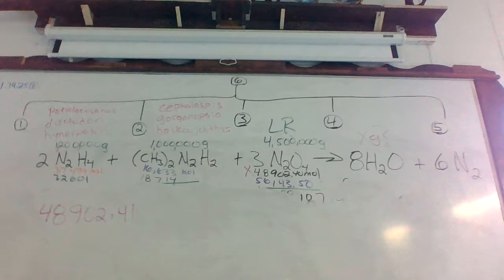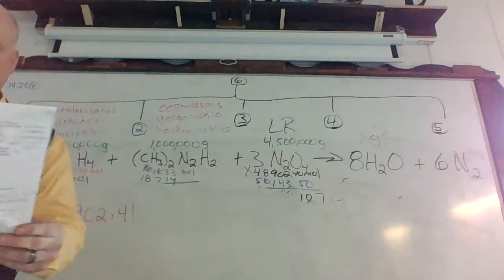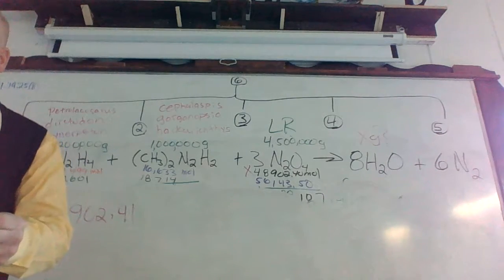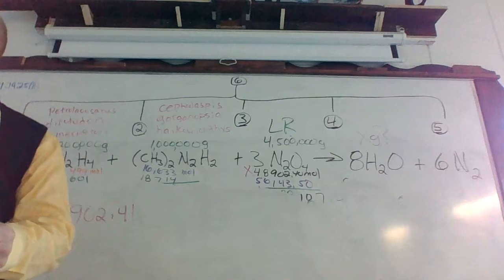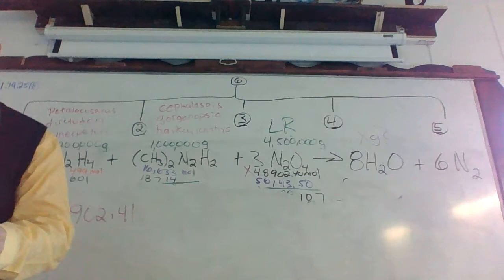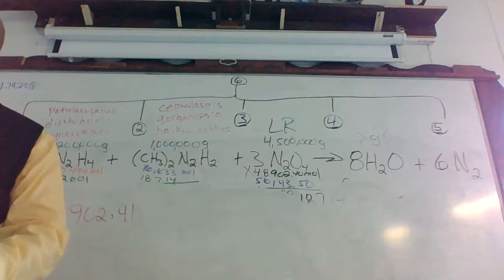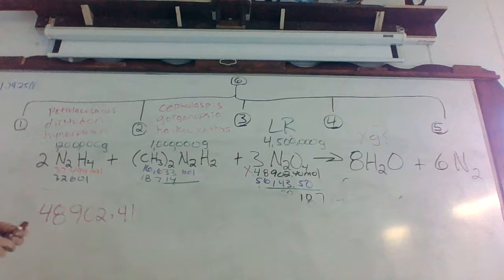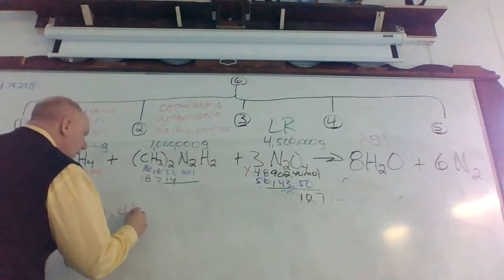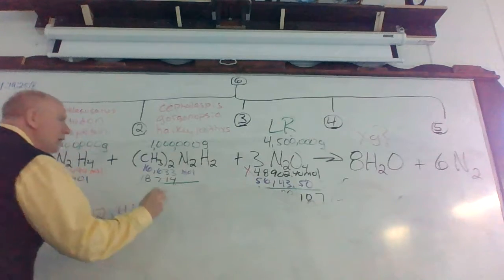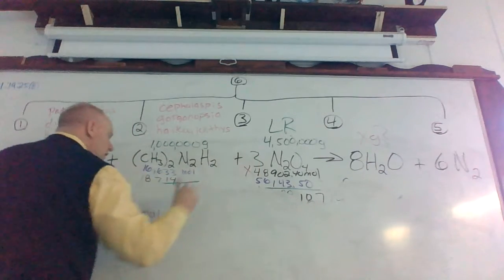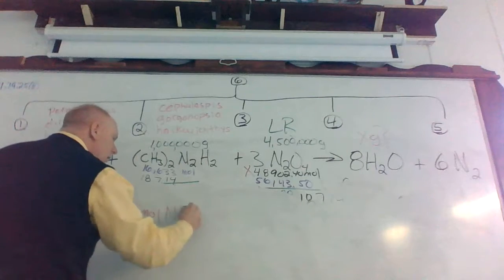What did you get, Cole? 2349. Okay. So this is moles then of this substance, N2O4.